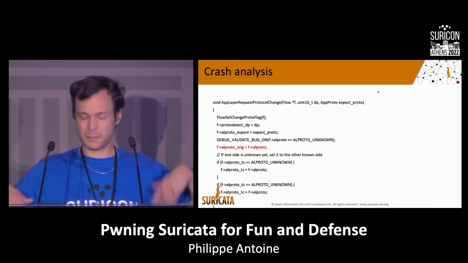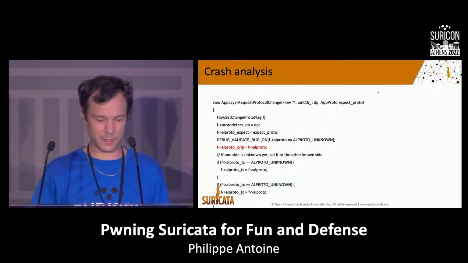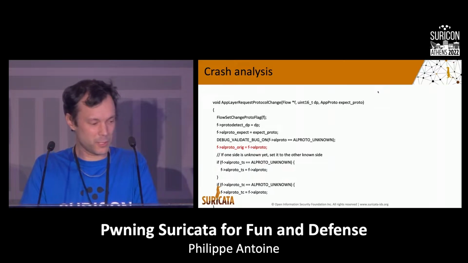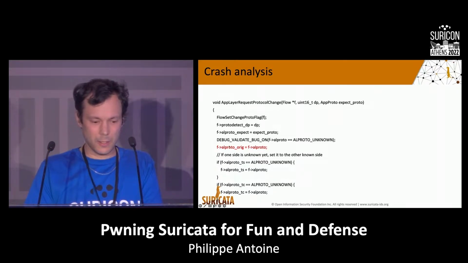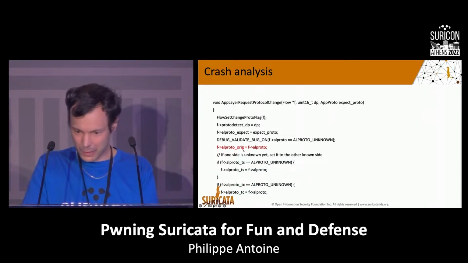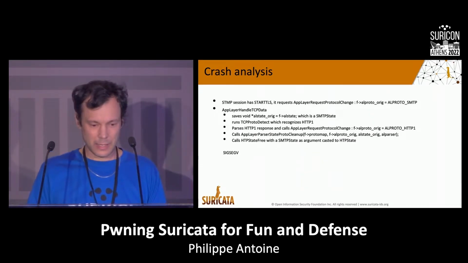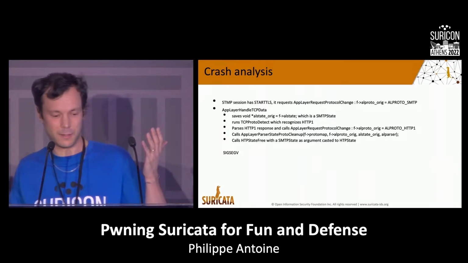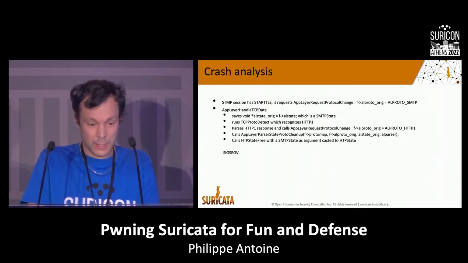The server is asking to change from HTTP 1 to HTTP 2 when the client is asking to change from SMTP to TLS. And this overwrites this alproto_orig field, which is then being used to clean the state of the app layer protocol state of the flow.